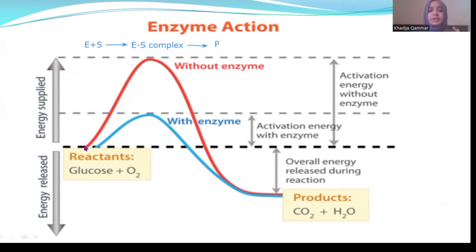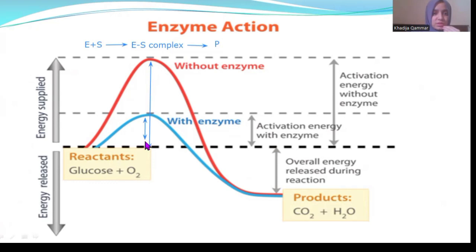Here, without enzyme, this is the total amount of energy that is needed to start the reaction. Suppose this is the chemical reaction, and without enzyme it needs this much energy supplied to start the reaction. This is called activation energy.